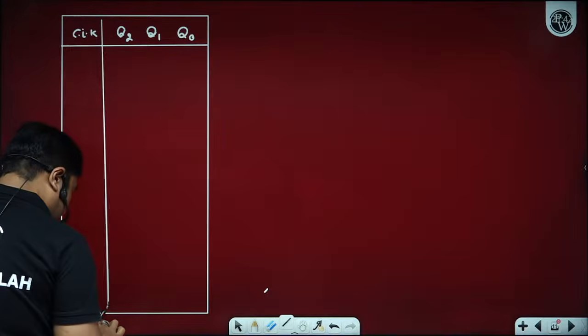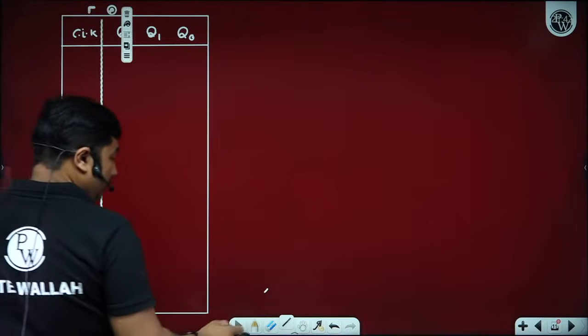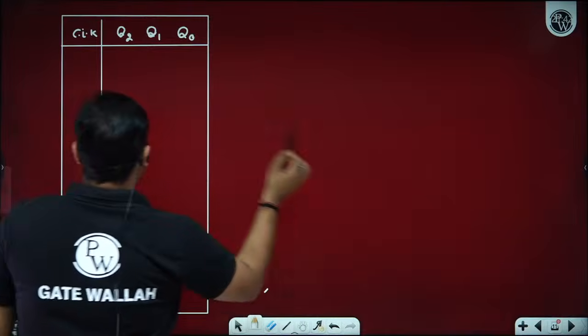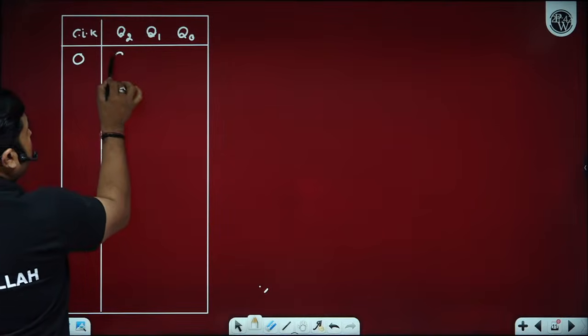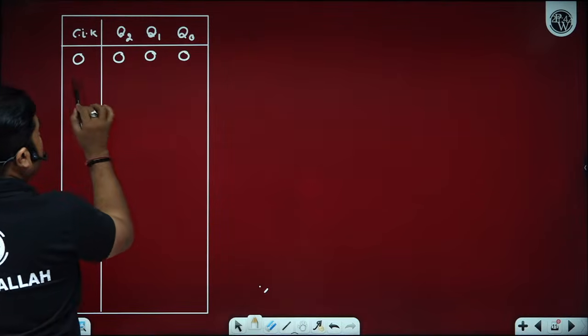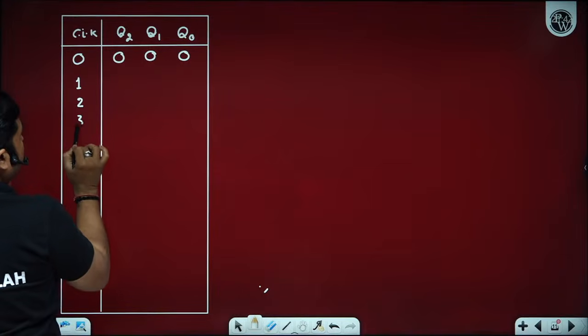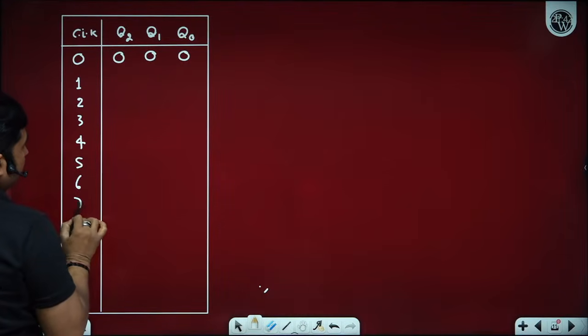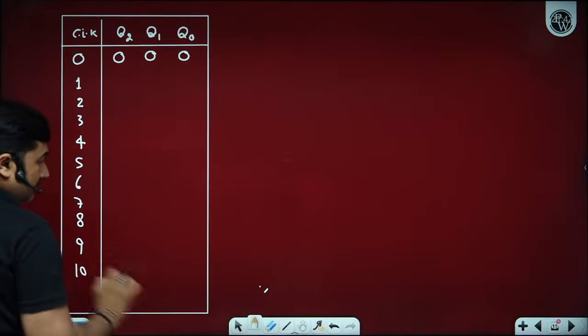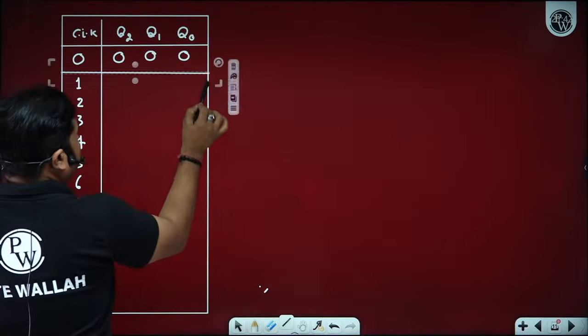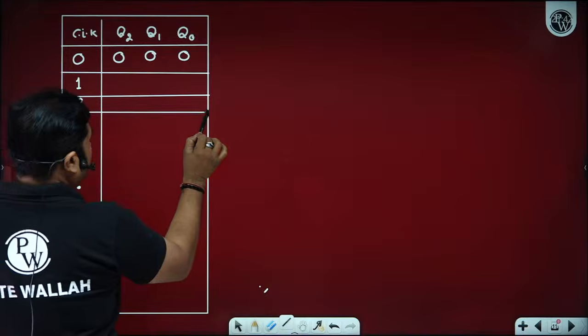On the 0th clock pulse, we have the state 000. Now first, second, third, fourth, fifth, sixth, seventh, 8th, 9th, 10th. We are interested in finding the states at these different clock pulses.